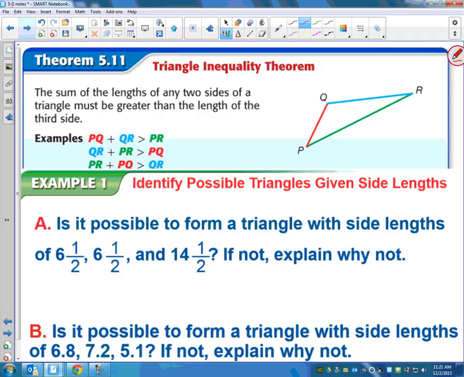Don't just say yes or no. Say yes or no with some work here to show how you know that it's yes or no. No, not necessarily. It's just saying if you say yes, then you don't have to explain it. If not, explain why not.